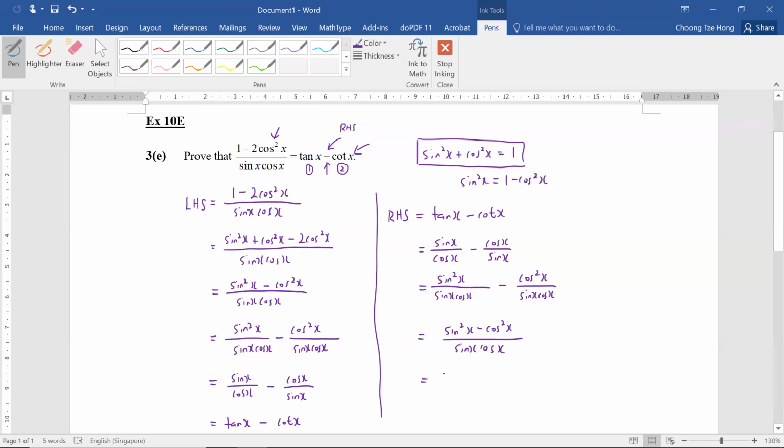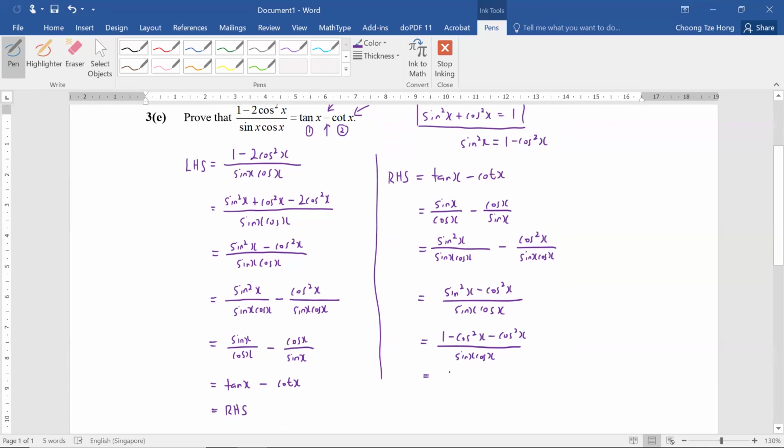So I'll get 1 minus cosine square x minus cosine square x over sine x cosine x. That will give us 1 minus 2 cosine square x over sine x cosine x, which is what they want us to show on the left side.